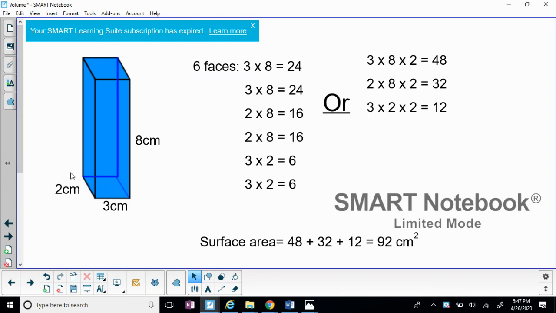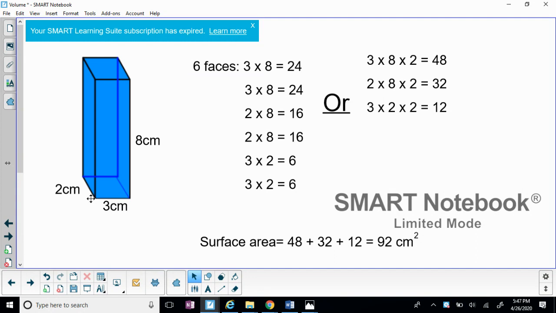All right, Mr. Griffin, I'm on a roll. So I know that 2 times 8 is this face, which means its opposite is 2 times 8 is here. So I've done 1 face, 2 face, 3 face, 4 faces. I'm almost done surface area. So the last face, this one here, and this one here.